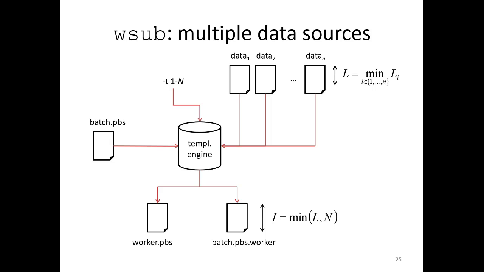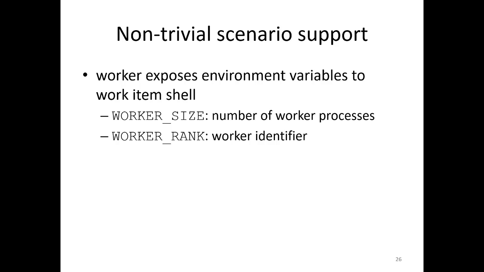You can even combine it with the -t flag to get the PBS array ID, and at the end of the day, you will have as many work items as the minimum in data 1 to data n, and of course the -t flag. So that's basically the idea. And this of course helps a little bit in certain situations, because you don't have to combine separate data files, you can just use them as is. So that can be convenient from time to time.